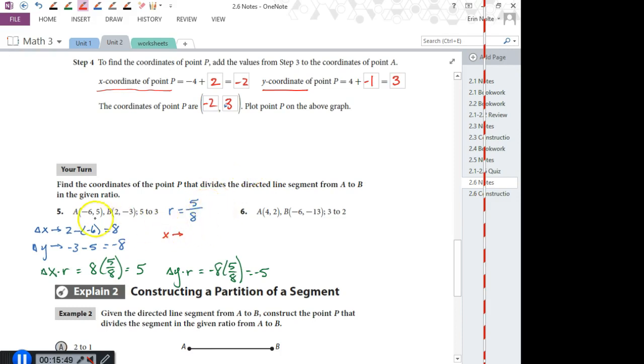Like the X, this number right here. So negative 6, and then I'm going to add my change in X times the ratio, 5. So you're giving me the X of the P. Negative 1. Then for my Y of the P, my Y value of A is 5, and I'm going to add the number that I got, negative 5, to get 0. Okay, so the X value is negative 1, the Y value is 0.